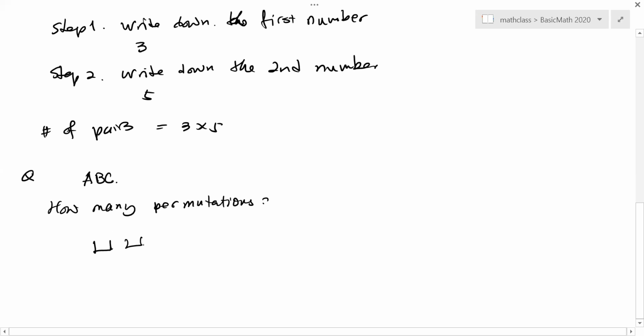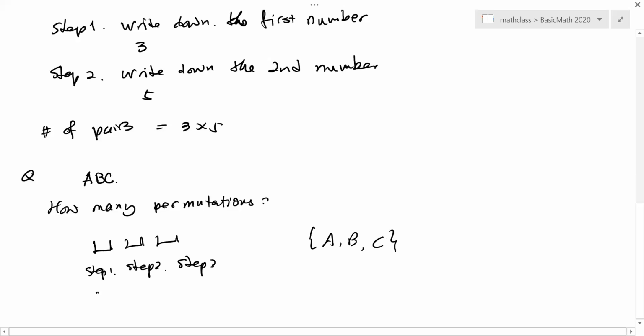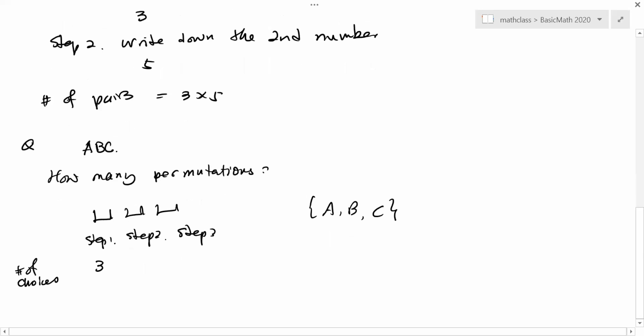You put 3 boxes here: step 1, step 2, step 3. When you write down 3 letters, it takes several steps, right? You have to do it one by one. So in step 1, you write down 1 letter, and you have 3 letters there, so there are 3 choices. We don't know which letter you're going to pick.